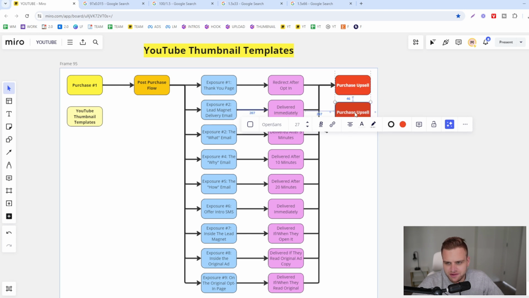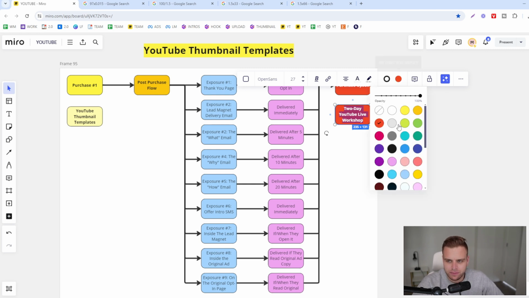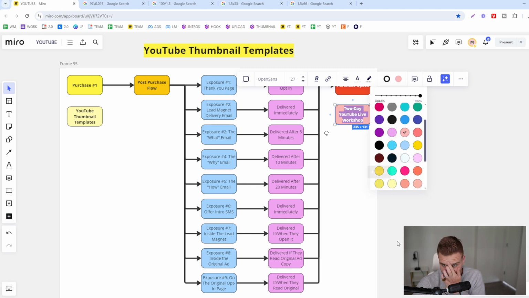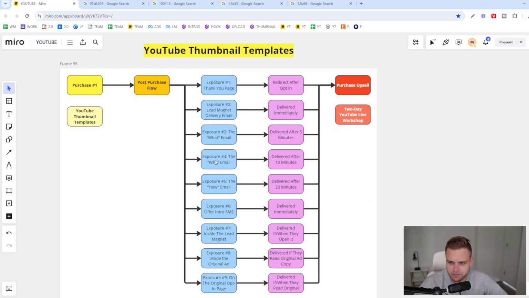So what we might do is have a 2-day YouTube live workshop or something like that. The point of it is to further build the relationships with them, but it's also to get them to hit what we'll call activation points here.